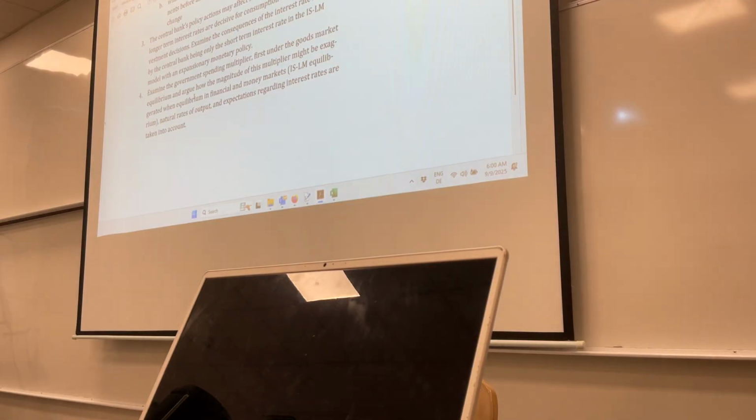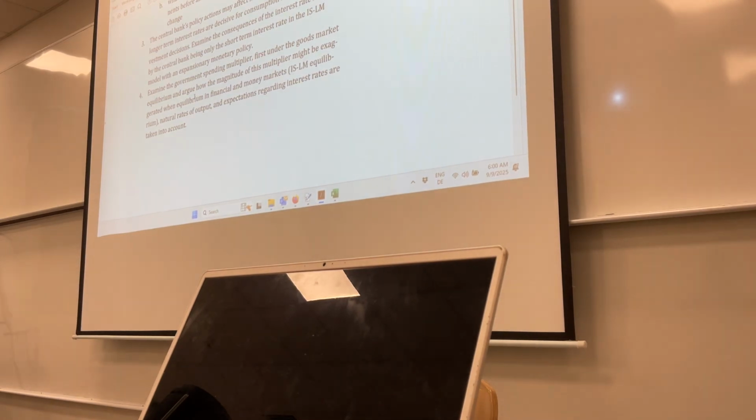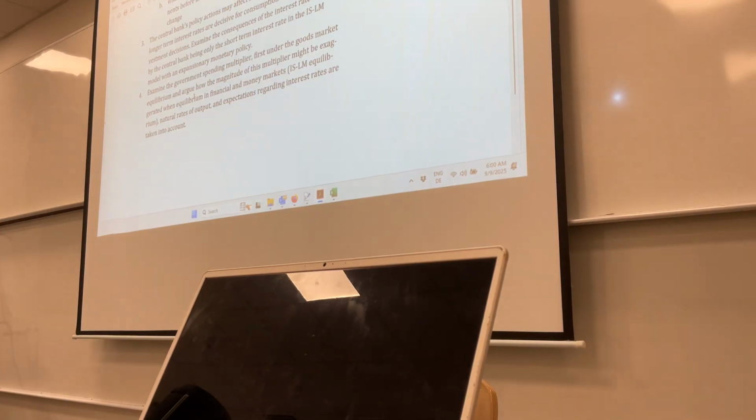And to derive the IS equation, we'll map this down to interest rates. This interest rate here, I0. Some Y's.